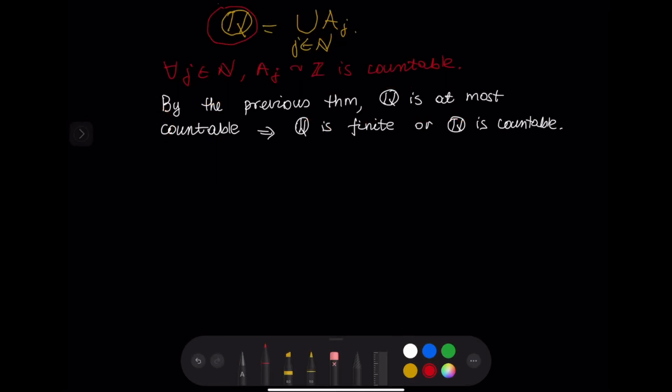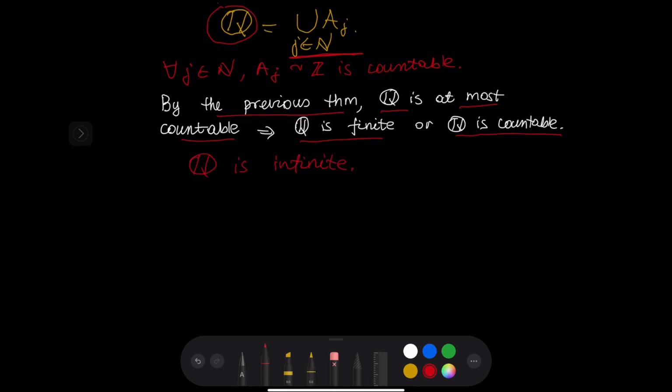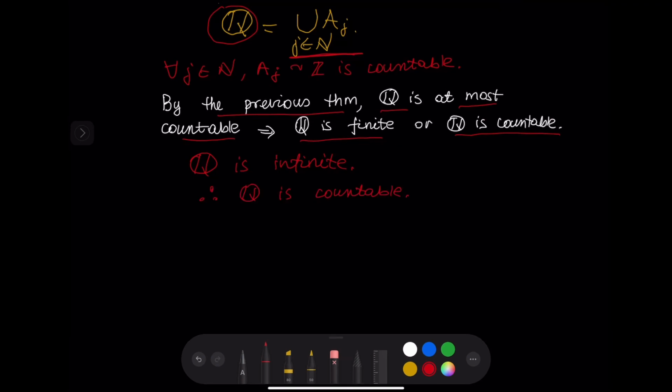So Q is the union of countable sets. By the previous theorem, Q is at most countable, which means that Q is either finite or countable. We are going to leave it as an exercise to show that Q is infinite. Since Q is infinite, it cannot be finite, so Q is countable. And that finishes our proof.